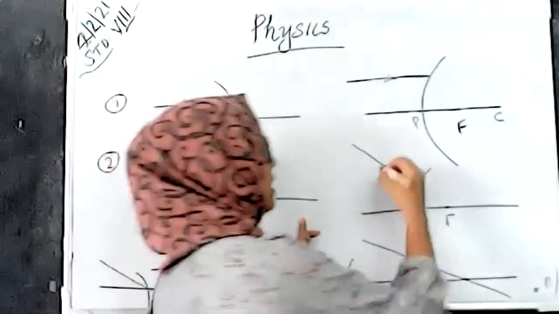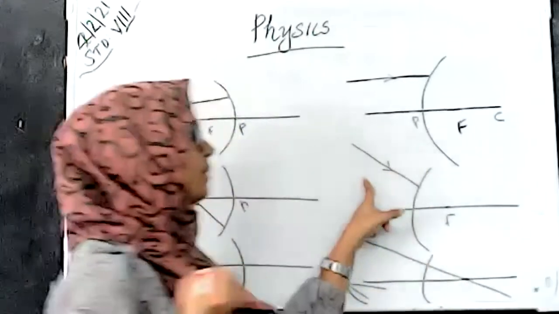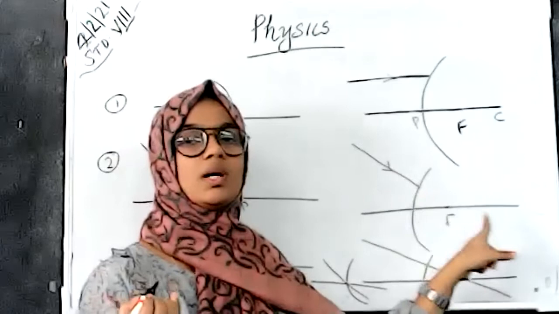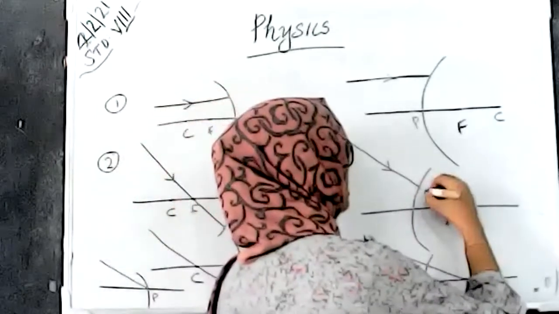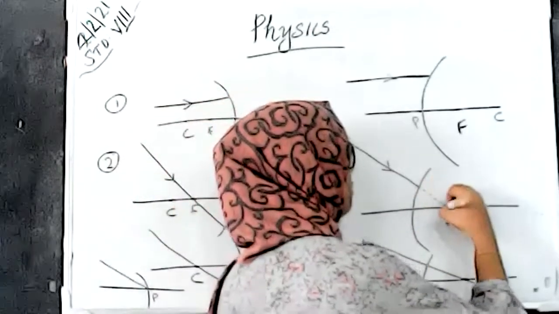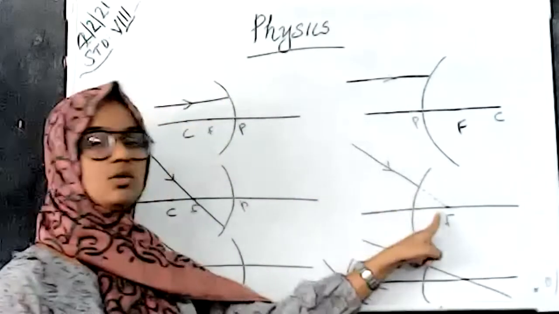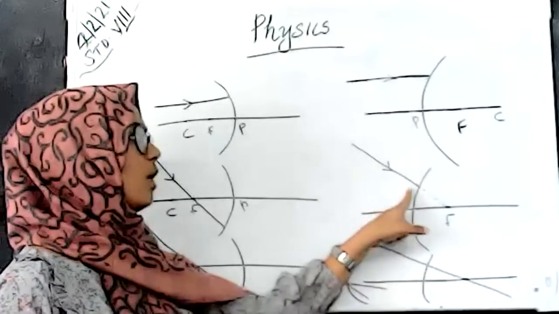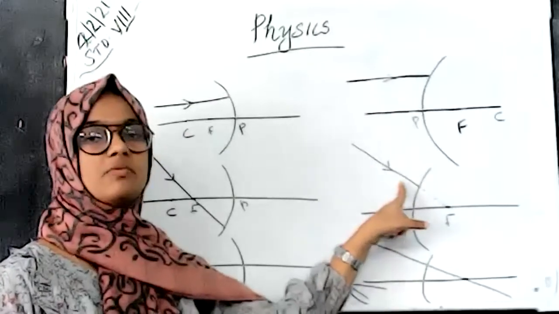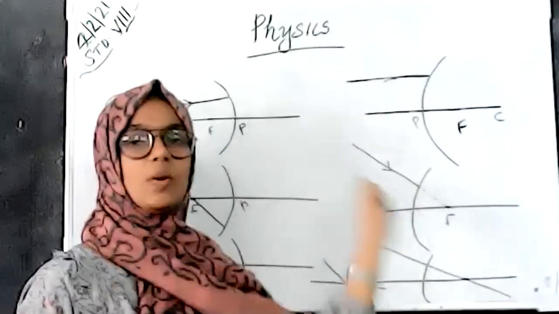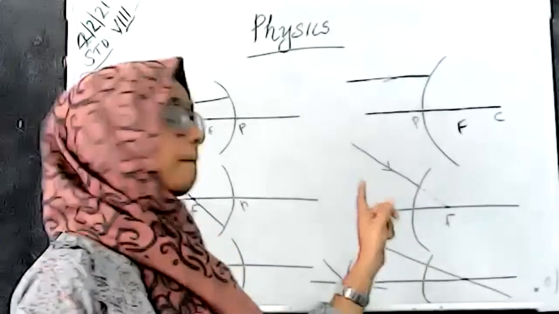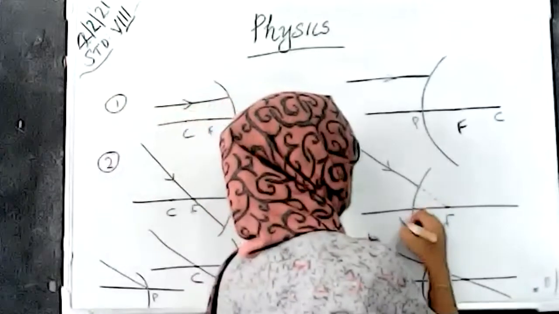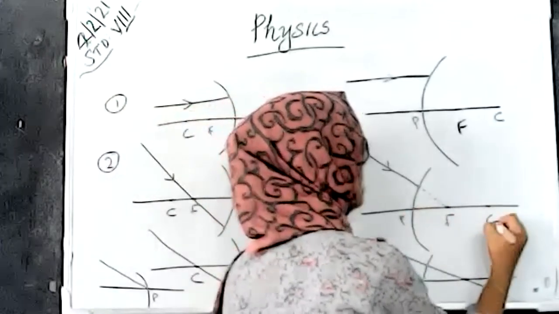And in the convex mirror, the ray of light is incident on the mirror and is directed towards the principal focus. Its direction is only towards the principal focus, and this is the pole of the mirror and this is the center of curvature.